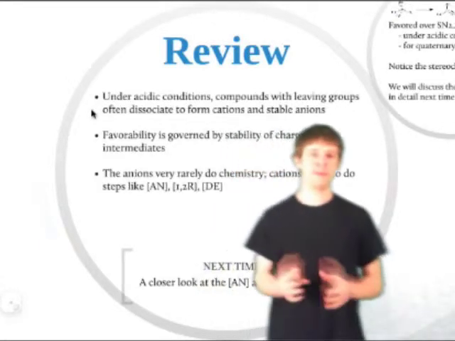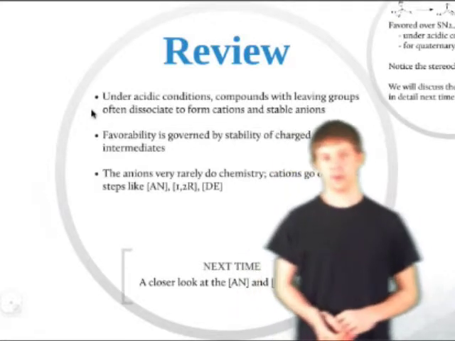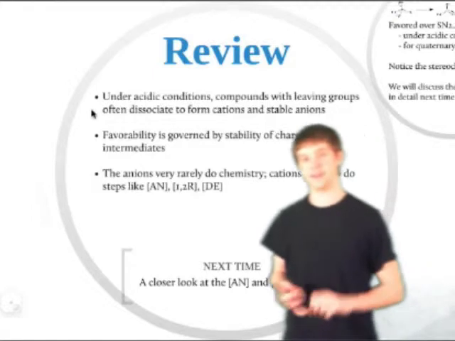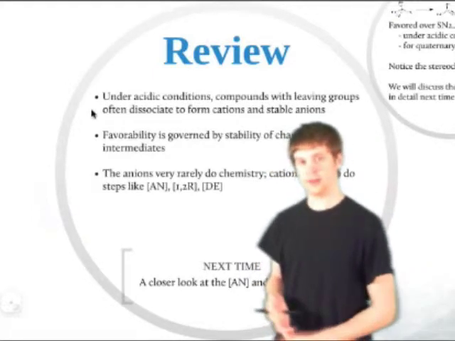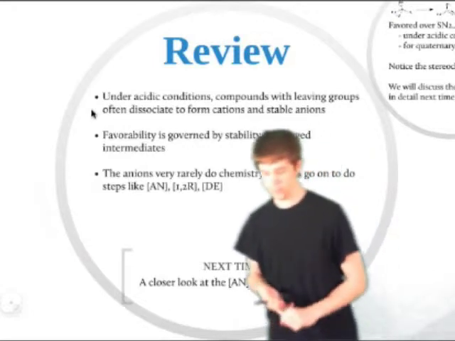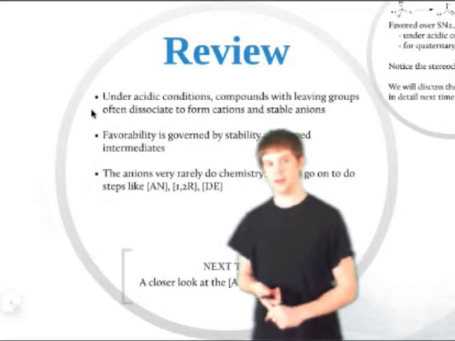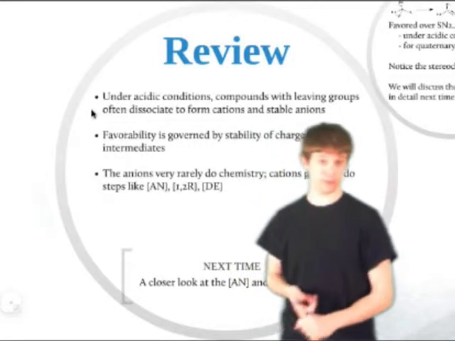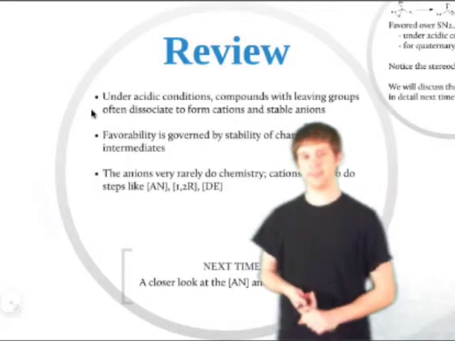We saw that the favorability of these reactions is governed by the stability of the charged species. So factors for cations like hyperconjugation, delocalization, hybridization, and like figure in there. And for anions, we see factors coming into play like delocalization, solvent effects, pKa, things like that.